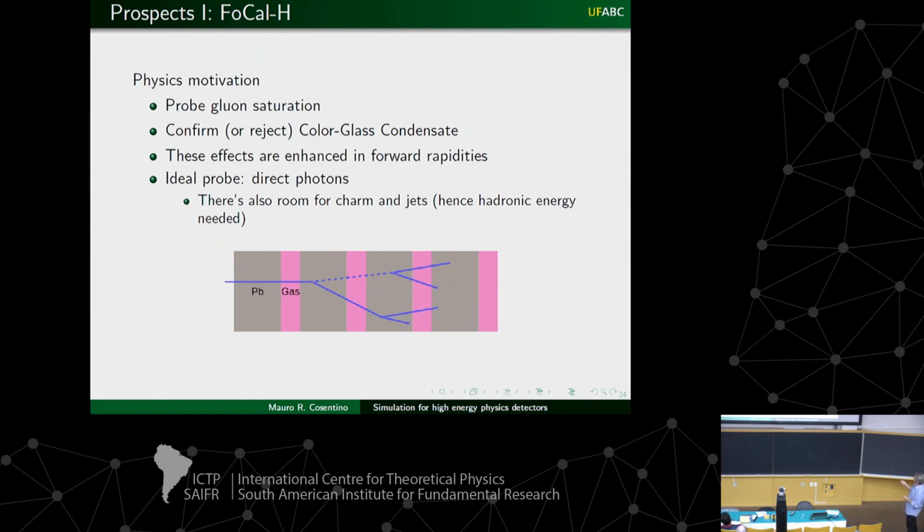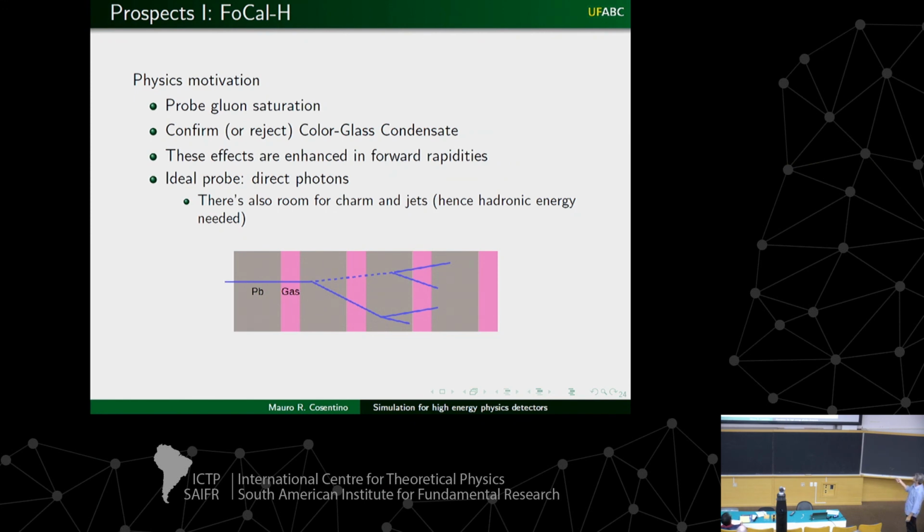And why would we need a hadronic calorimeter? Because one of the techniques that you may use to detect direct photons is the isolation method. If you have a direct photon, you should see no signal in, where is the pointer?